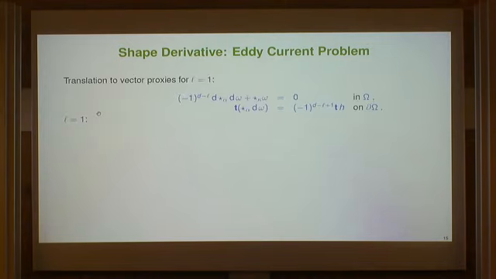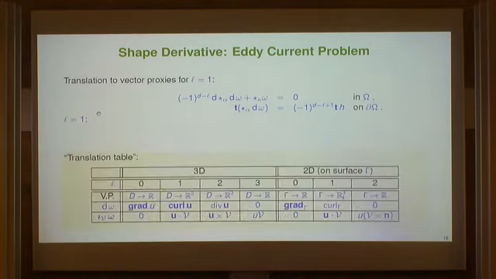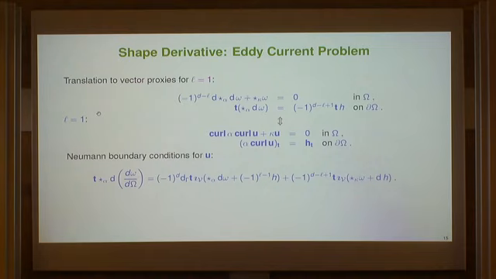Now, just to give you an idea that these formulas are really useful. For instance, now we can easily, by using the translation table, write down the shape derivative of solutions of eddy current problems. Remember, this is the case L equals 1, the electromagnetic boundary value problems. This was the boundary value problem. And now the shape derivative, this is the general formula, and then you can translate back.